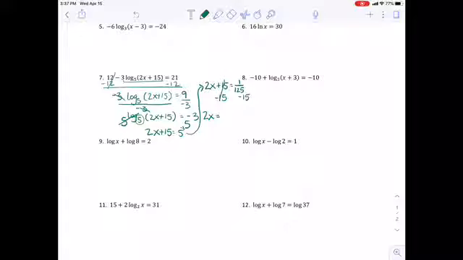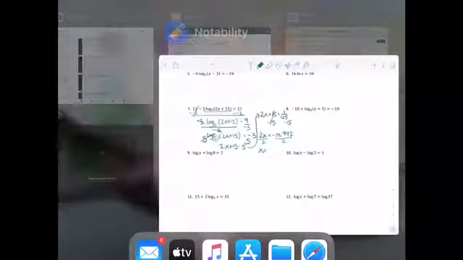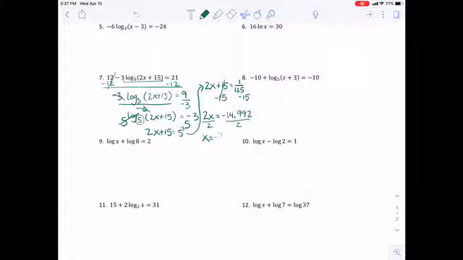Now I can divide on both sides by 2, which gives me that x equals, if I divide that by 2, negative 7.496. So I get that x equals negative 7.496. And this will be my final answer on problem 7.